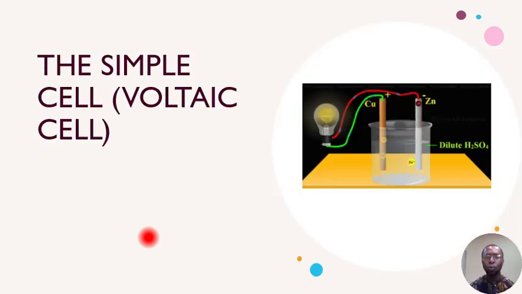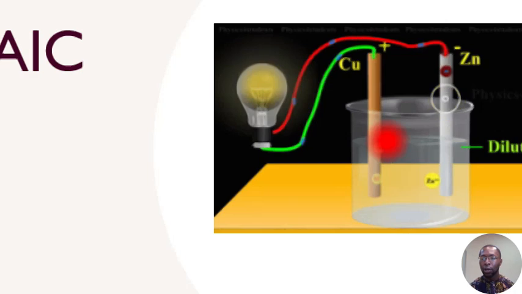Now let's talk about one of the examples of the primary cell, which is called the simple cell or the voltaic cell, named after the scientist called Volta. This is a typical diagram of the simple cell. All cells are made up of three components: the electrode, the electrolyte, and also the flow of the charge itself.